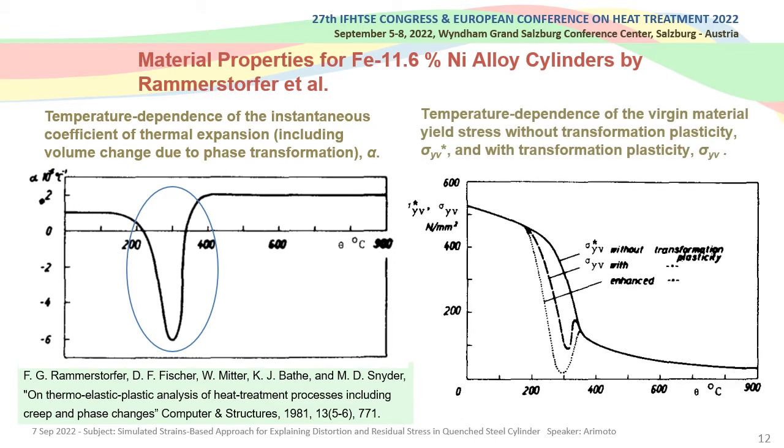For transformation plasticity, Lammerstofer et al. treated the effect as temperature dependence of yield stress as shown in the graph. Arimoto and Funatani used a general model which takes into account the transformation rate and deviatoric stress with an experimental factor.